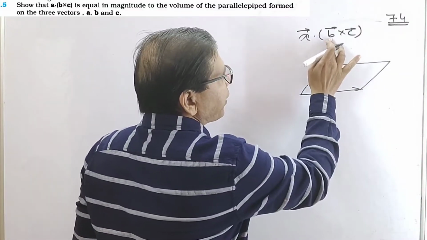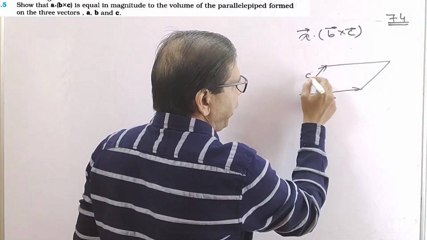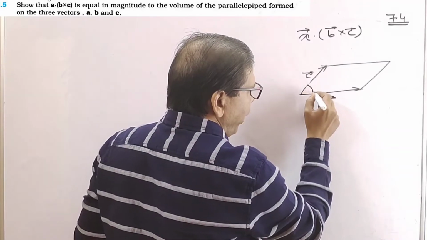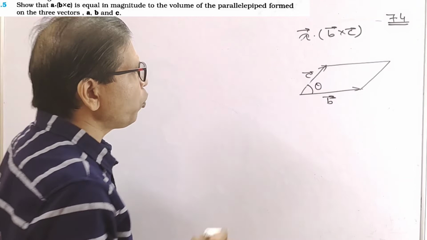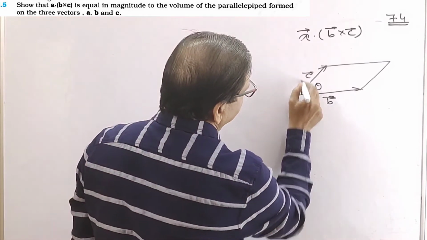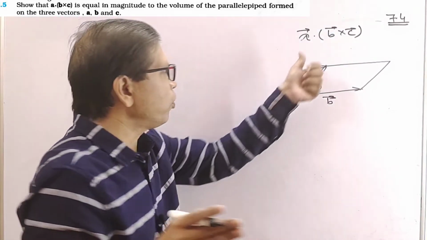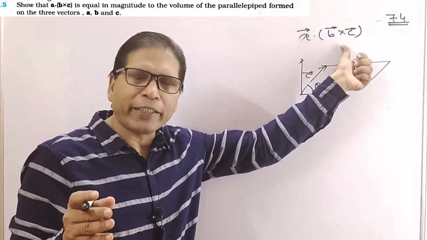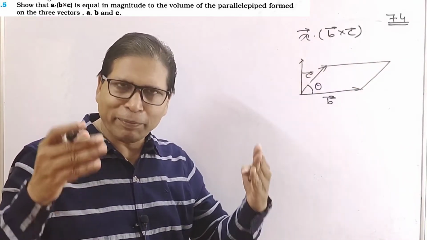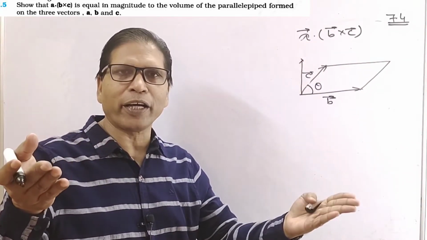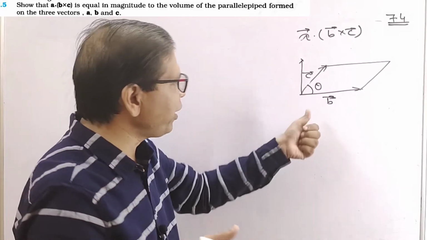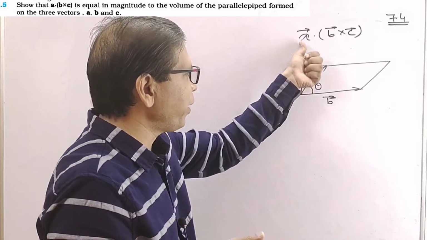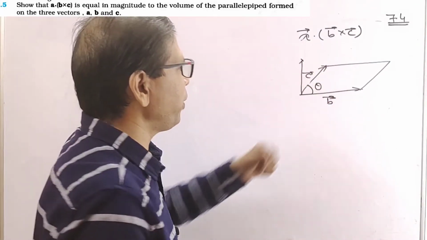Now look at this, B vector cross C vector represents the area of the parallelogram having two adjacent sides as B vector and C vector. Now look at this, its direction is along this direction. Now A vector dot B vector cross C vector, that is scalar triple product, represents the volume of a parallelepiped having three adjacent sides A vector, B vector and C vector.